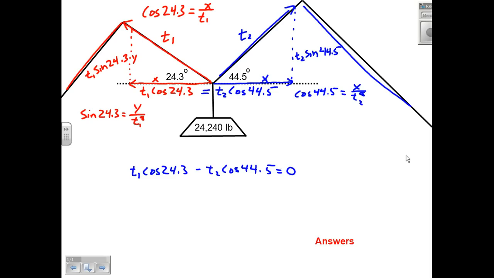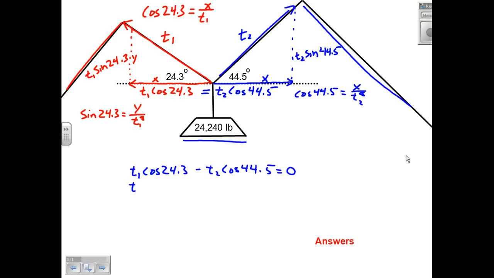But those are not equal. They are applying a force. Together, they're holding this weight up in the air. So together, they're holding 24,240 pounds. The sum of the y components of our vectors must equal 24,240.